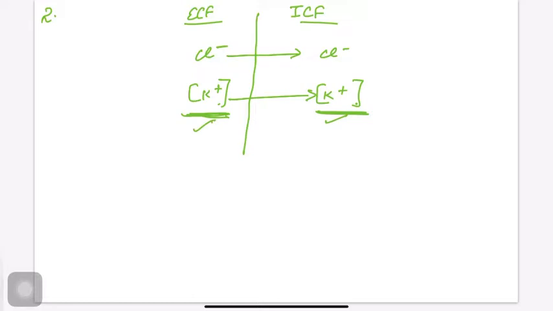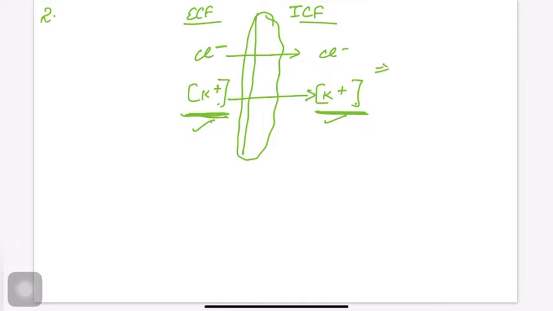So this asymmetrical distribution causes a potential difference to exist across the membrane. This potential difference exists after equilibrium is reached, as the movement will continue until equilibrium is reached, right?